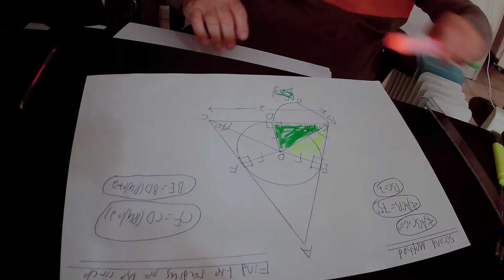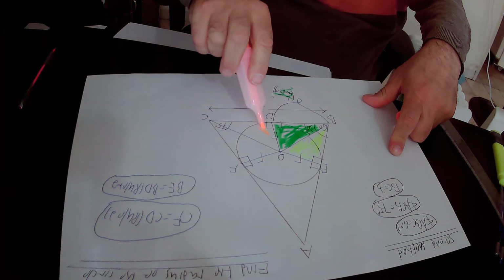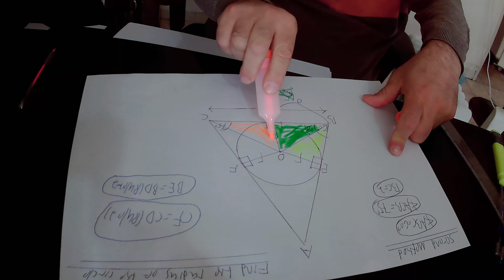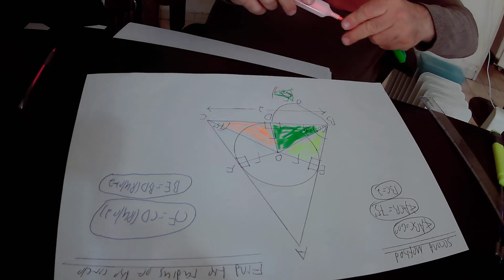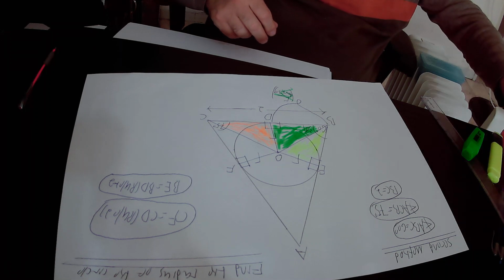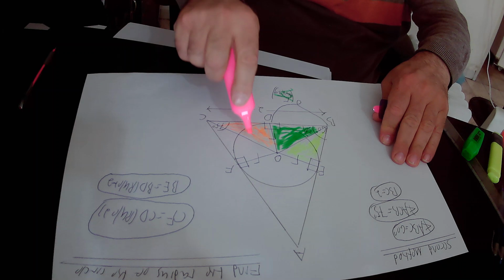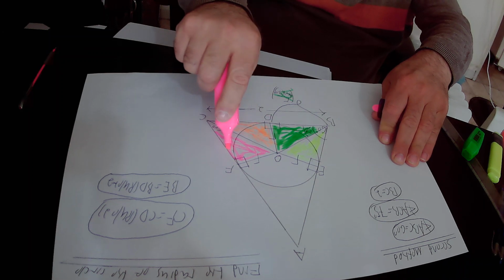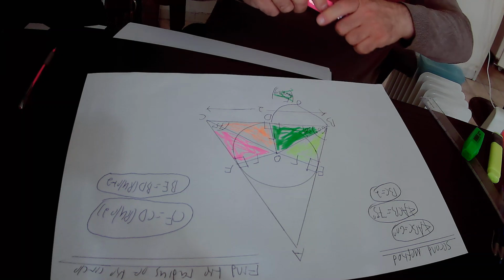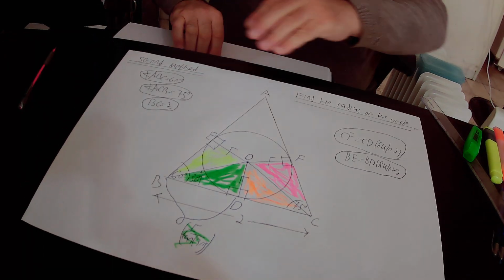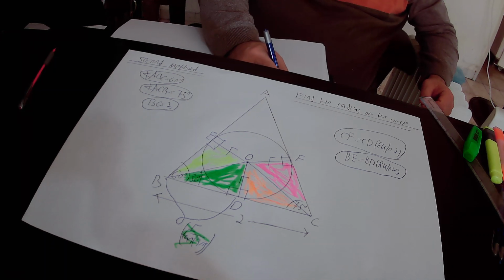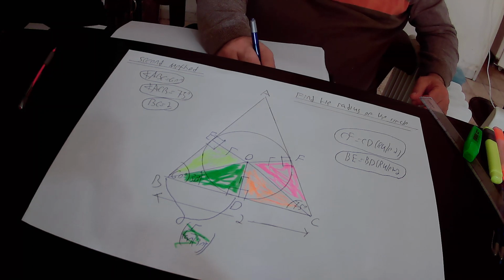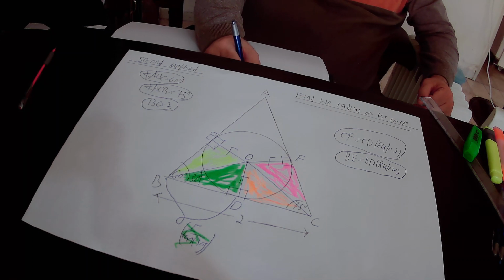We prove that the right orange triangle ODC is congruent to the right pink triangle OFC. So I write it down.